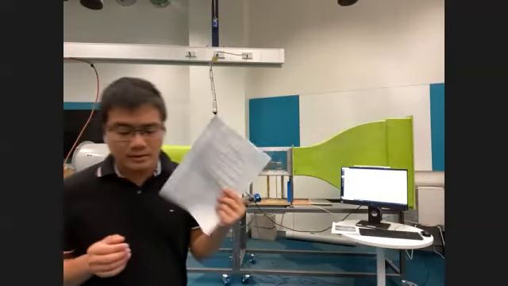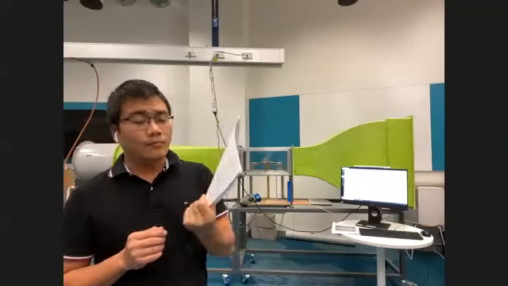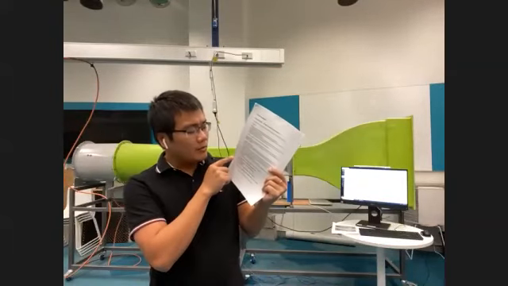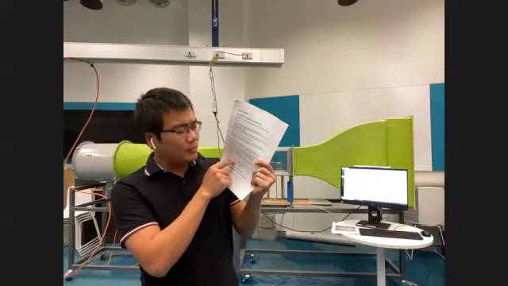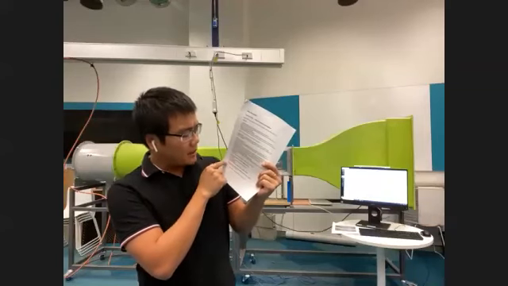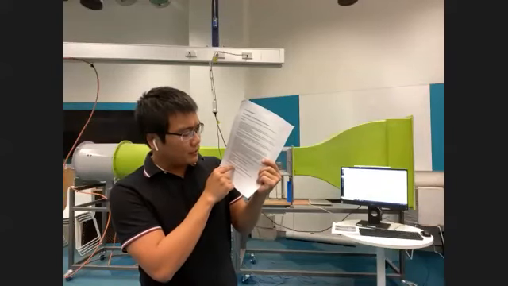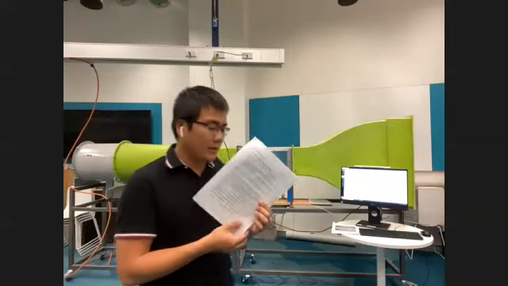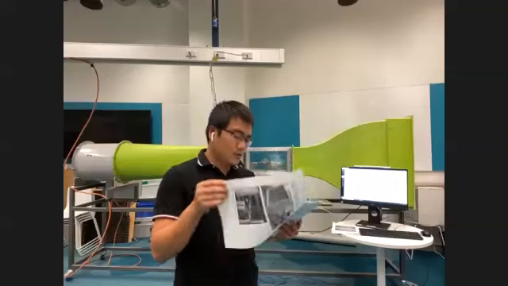Similar to lab 1, internal flow, in lab 2 we have 2 parts, part A and part B. Part A is for a circular cylinder with pressure tapping, and part B is for other objects, including a circular cylinder without pressure tapping.